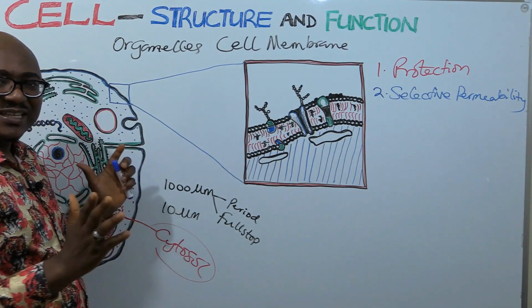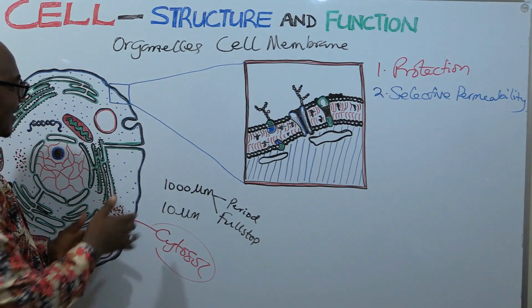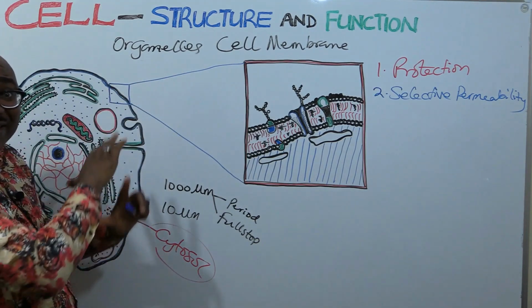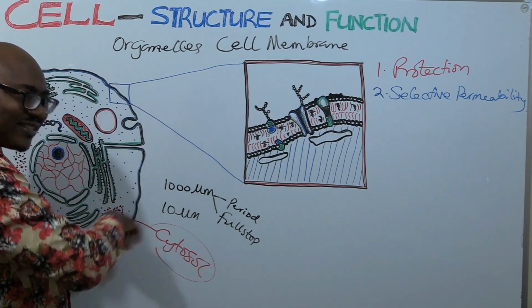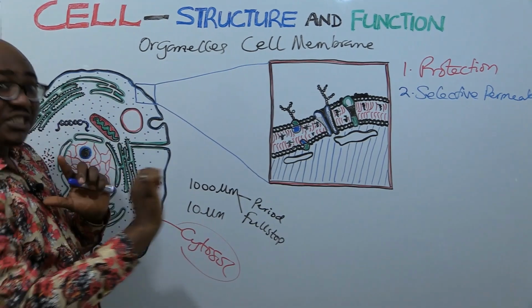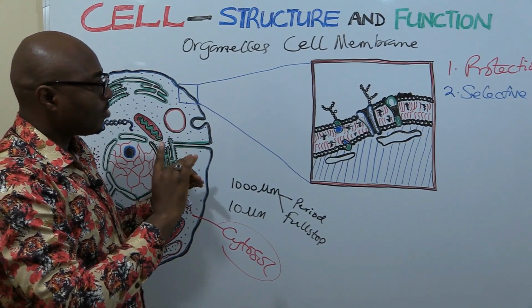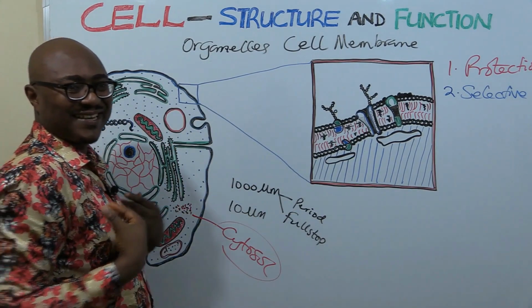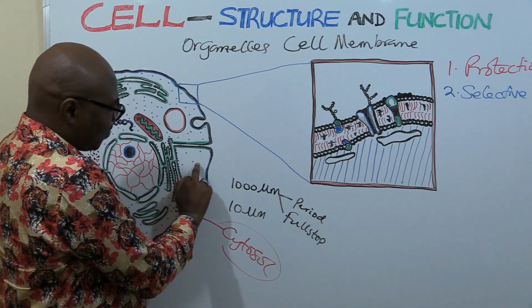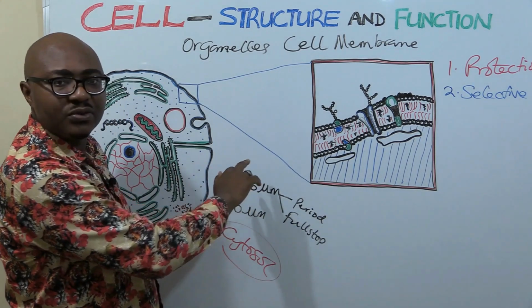The cell is in communication with the environment. Surrounding the cell, like we said, is the internal environment, which is the extracellular fluid, interstitial fluid to be more specific. So it receives things from there, and if the cell wants to excrete a waste product, it has to pass through the cell membrane.